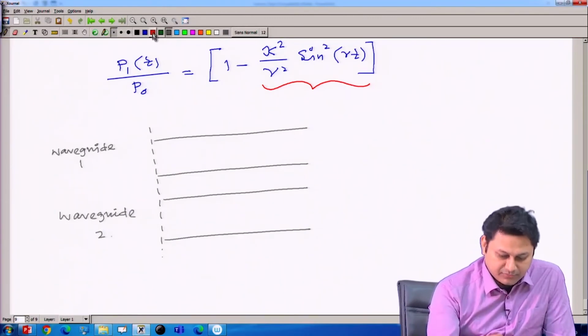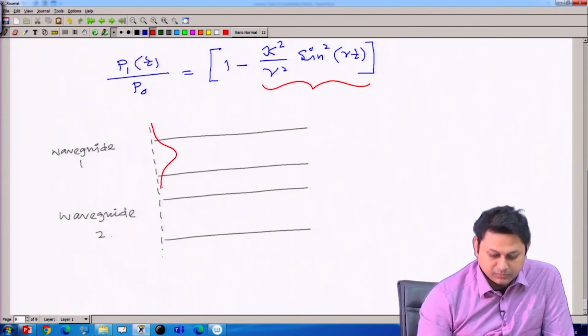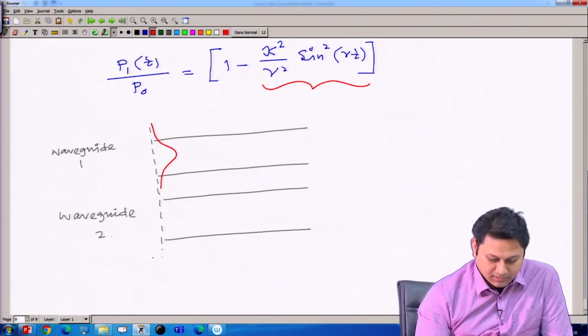I launch a field here at waveguide 1 at z equal to 0. This is my z equal to 0. This is 1 and this is 2. This is the waveguide structure.